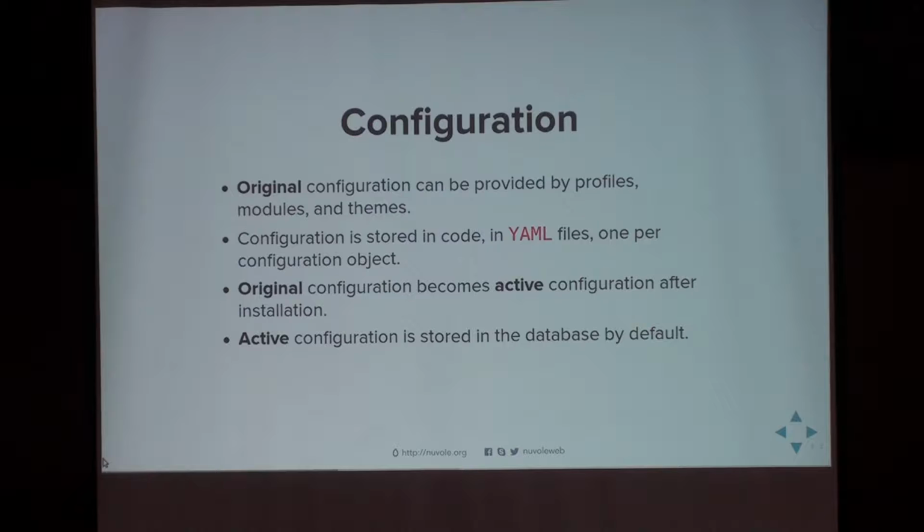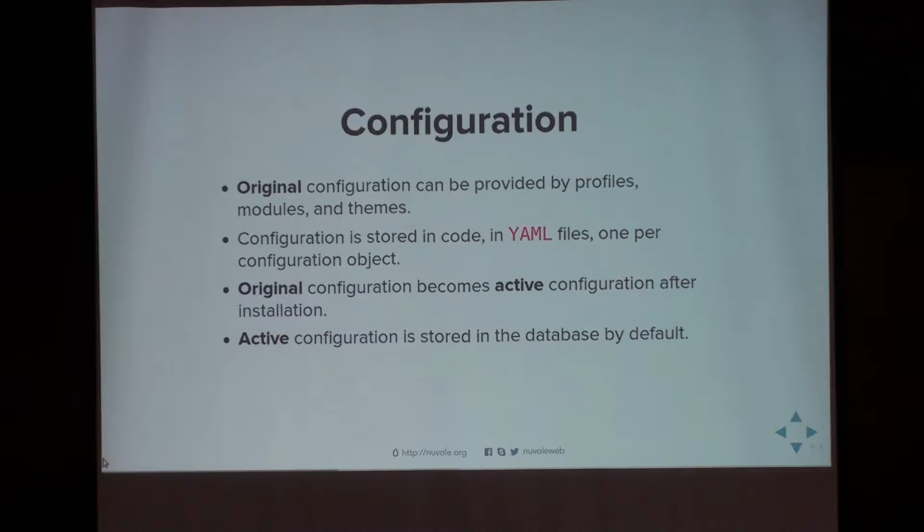So you have the original configuration or the default configuration that can be provided by profiles and modules and themes and so on. If you open Drupal core and you go to the standard profile, for example, you will see a lot of them there. The configuration is stored in a file, in a text file, in a YAML file, and one file per configuration object.